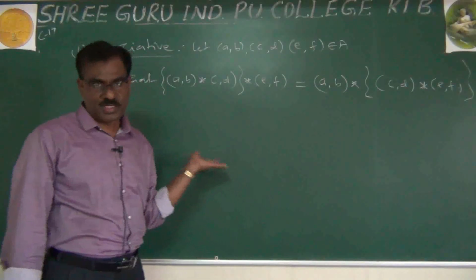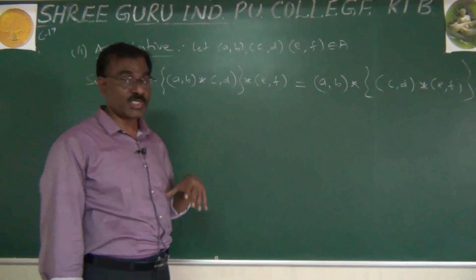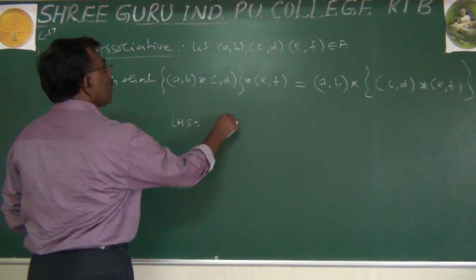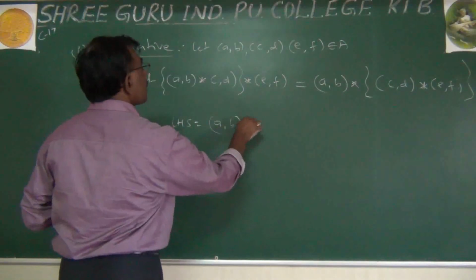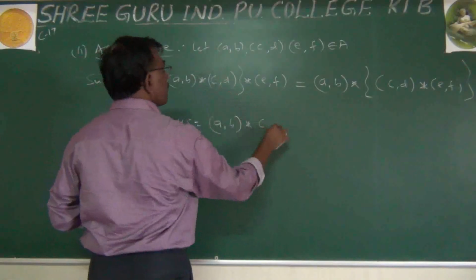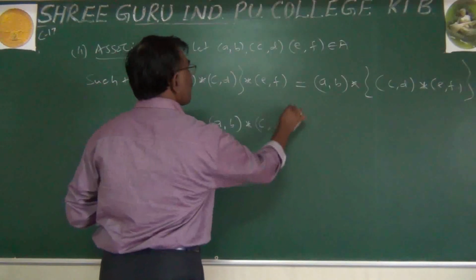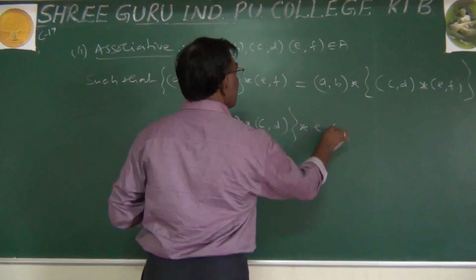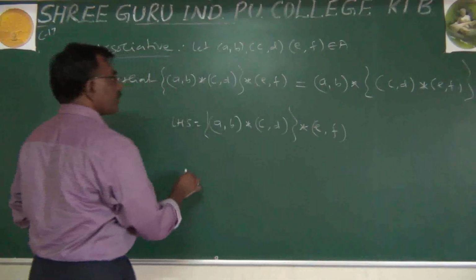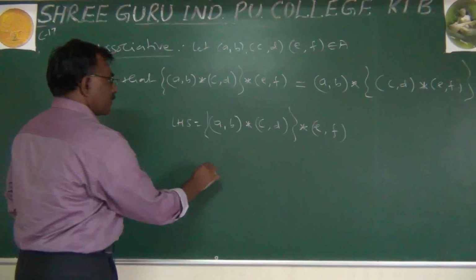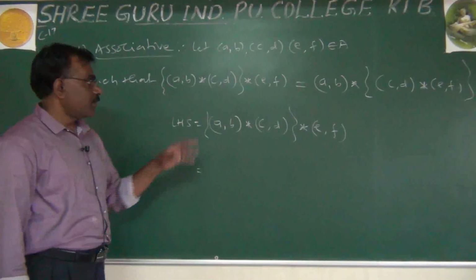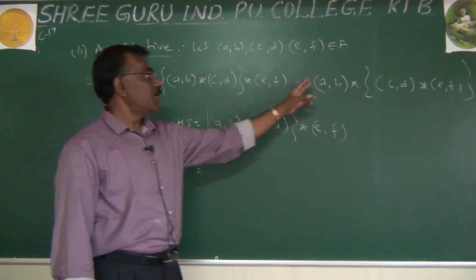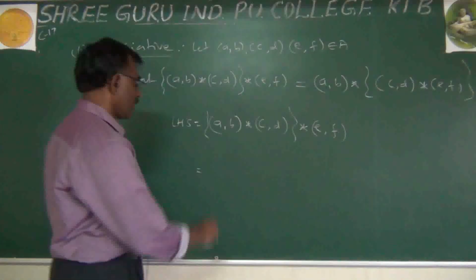Now LHS: ((A, B) star (C, D)) star (E, F). Now what is (A, B) star (C, D)?